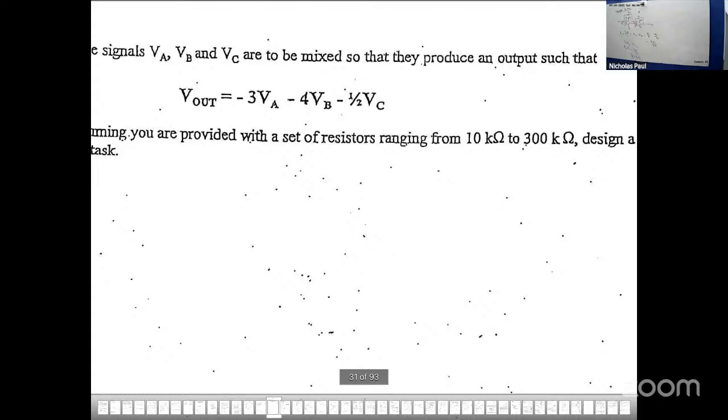That's the value with difference, right? So this circuit.